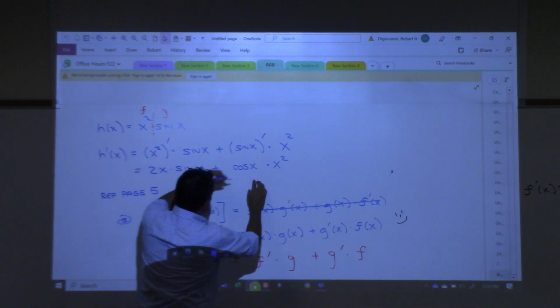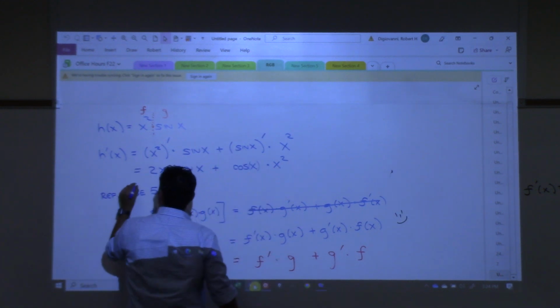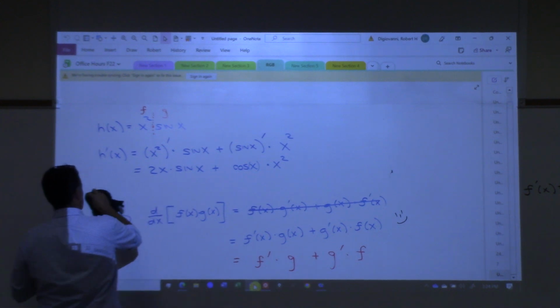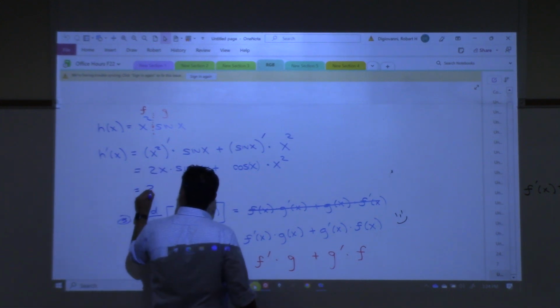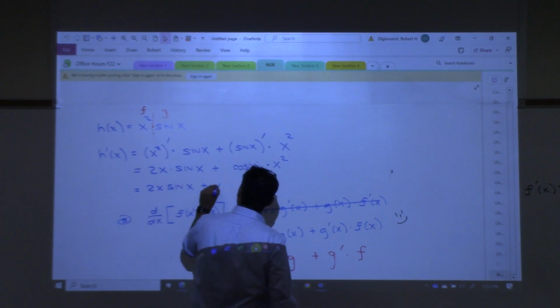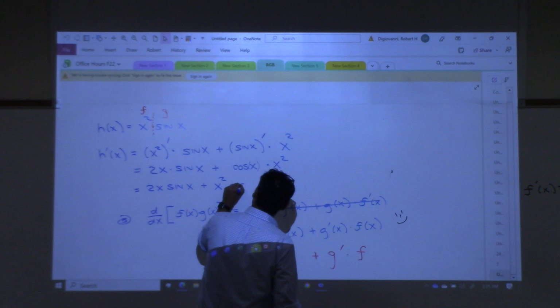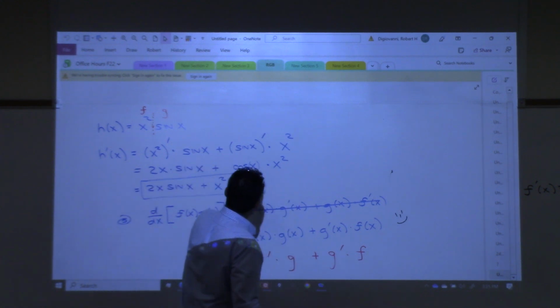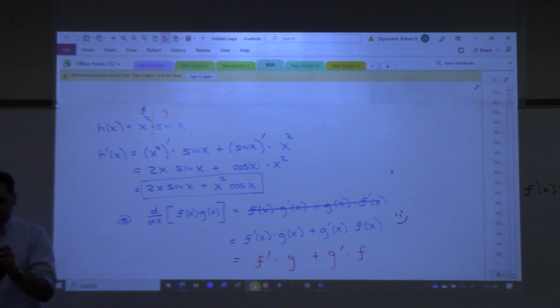This x is trapped in the cosine. So this is actually just going to turn into 2x sine x plus, we usually like to pull the x squared in front of the cosine so that there's no confusion with putting the x's together. There we go. That's it.